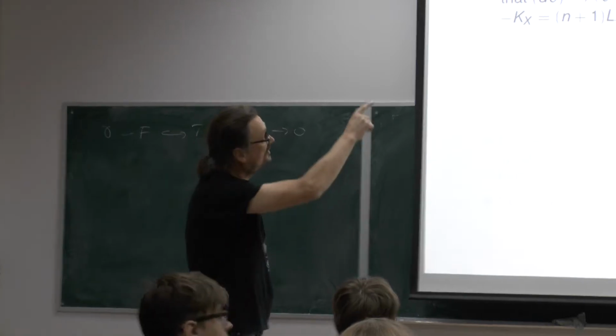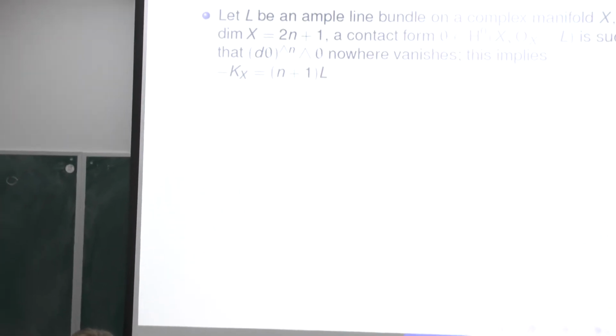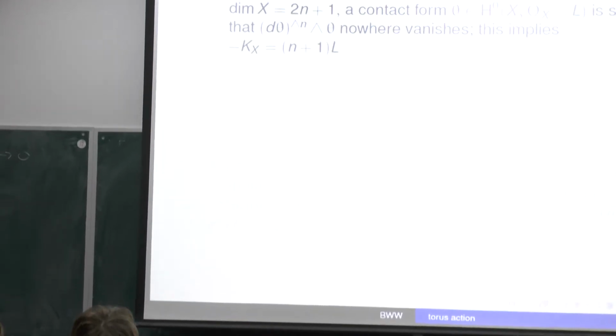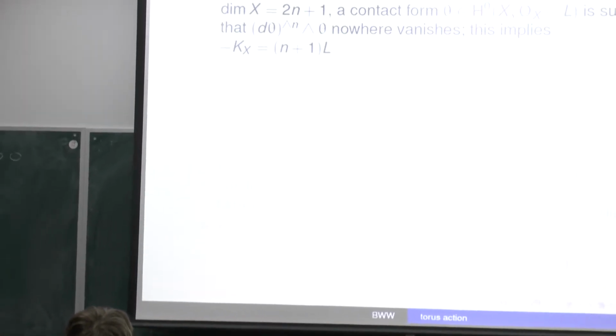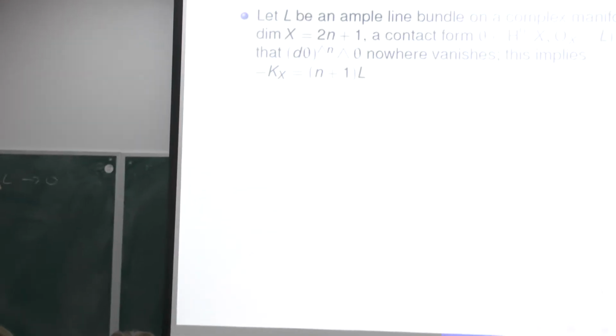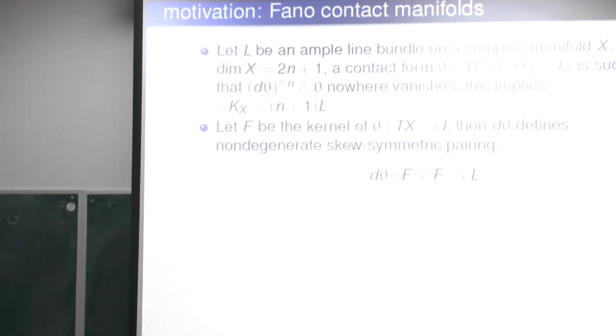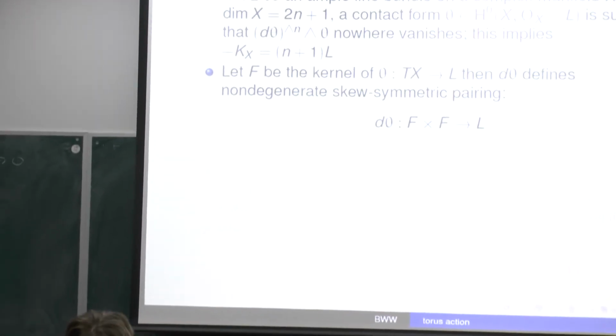In particular, you can make it algebraic in the case of a complex compact manifold. Then this says that you have the form theta, so this is the morphism associated to the form, and if you take its derivative, then wedged with theta it is nowhere vanishing.